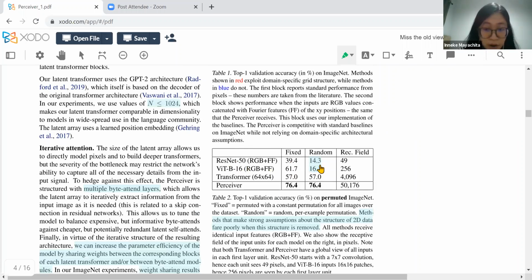We can see the performance drops very severely, which shows that they heavily rely on the inductive biases of the input. While for perceiver and also transformer, because we get rid of those inductive biases, even though we randomly permute the pixels, they still perform really well, the same performance in fact.